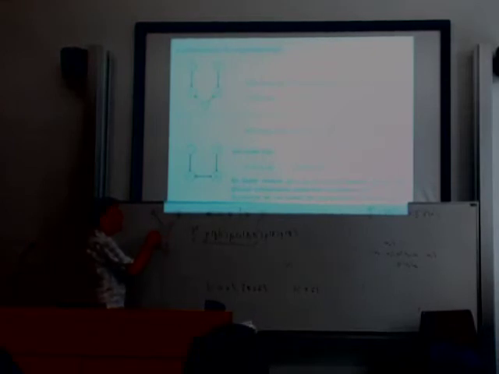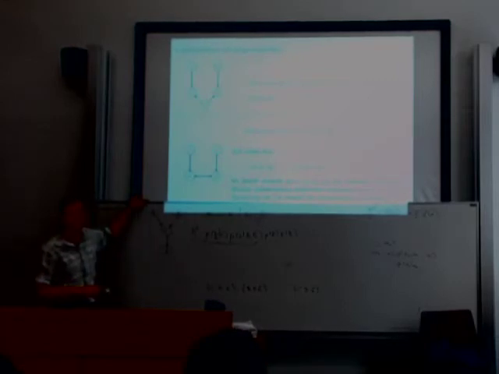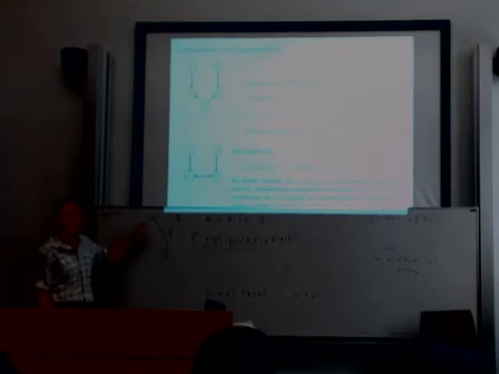So C may or may not be a collider, it's a path-specific issue. So you need to be cautious of that. You just need to check all paths, whether C is a collider on that path, etc.